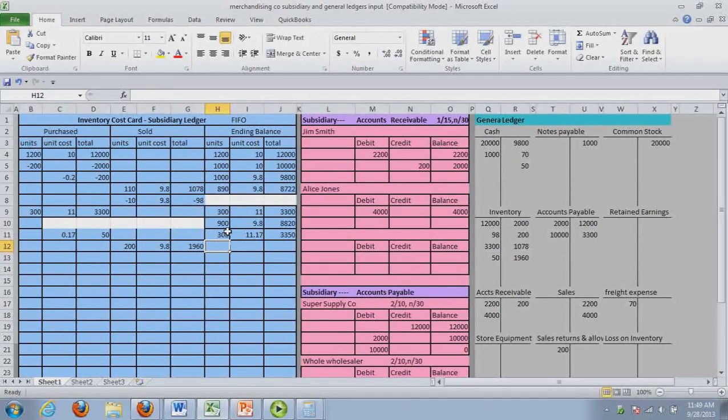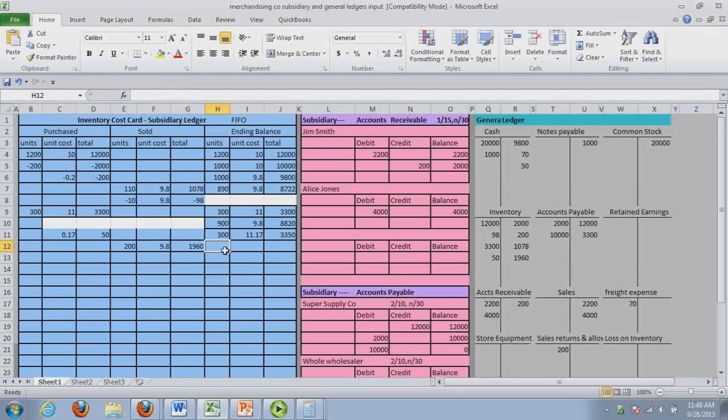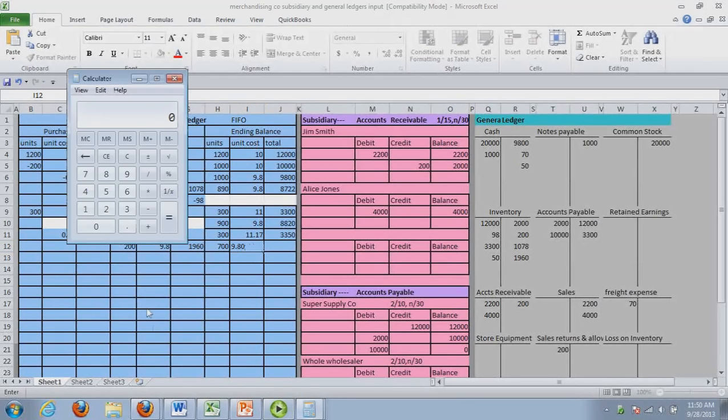We have 900 units at the older price. We sold 200 from that batch. So 900 minus 200 hopefully is 700. So we have 700 units at $9.80.